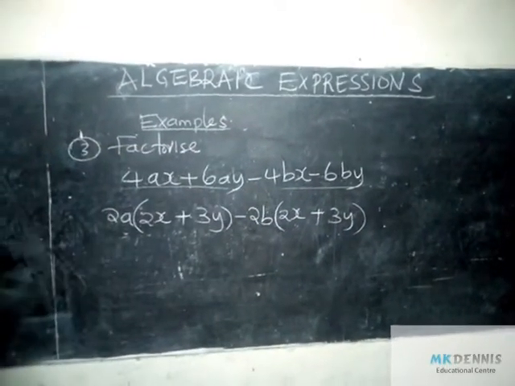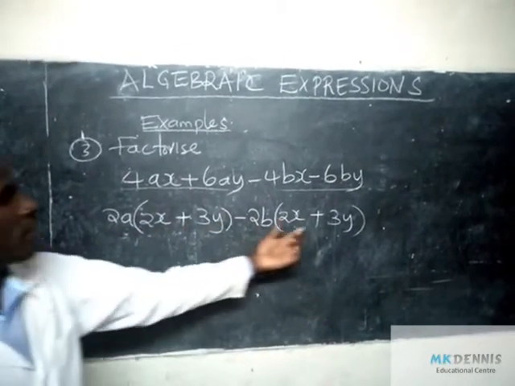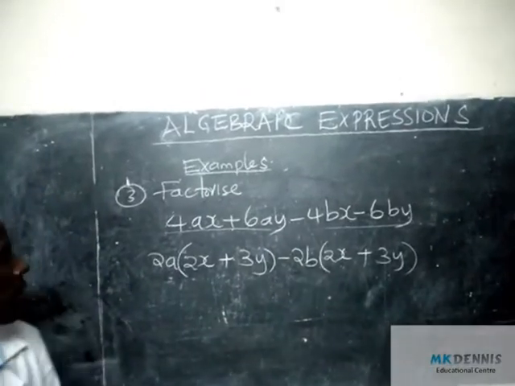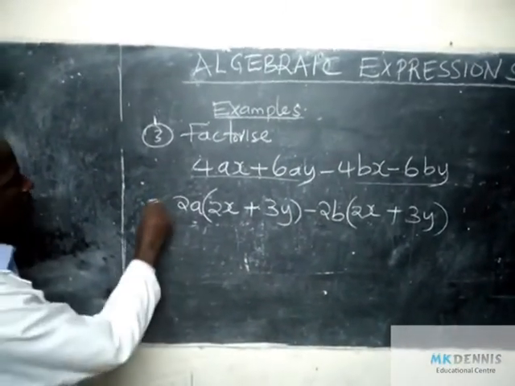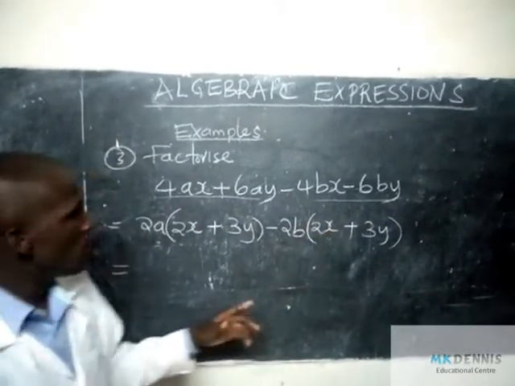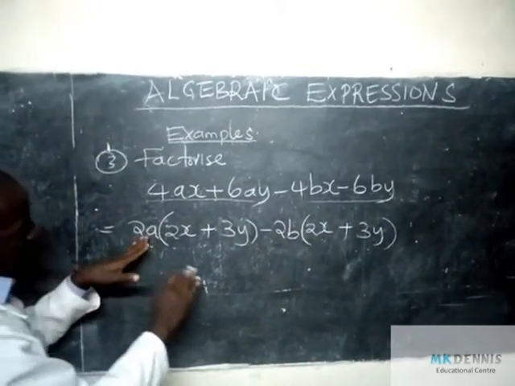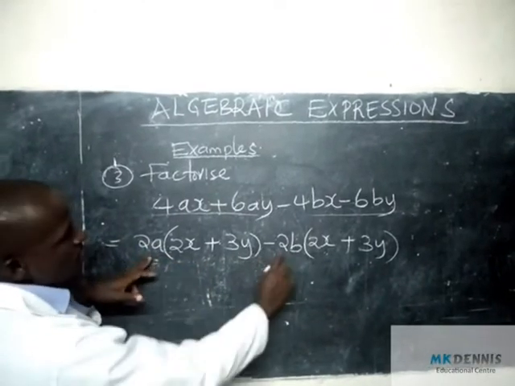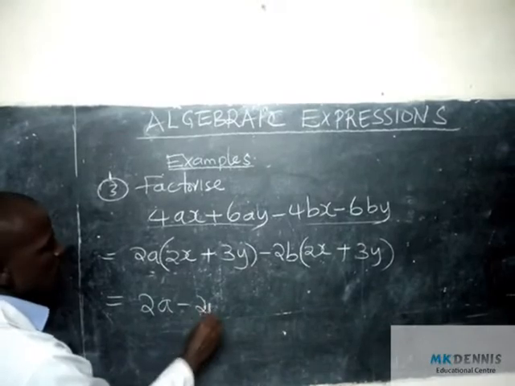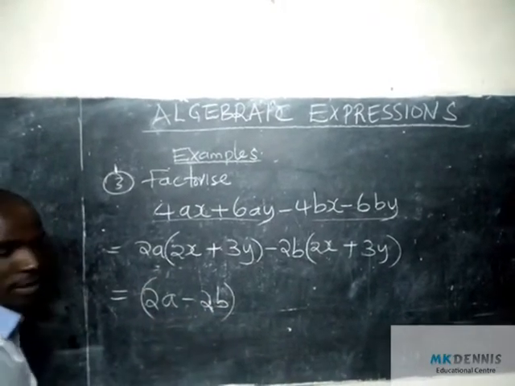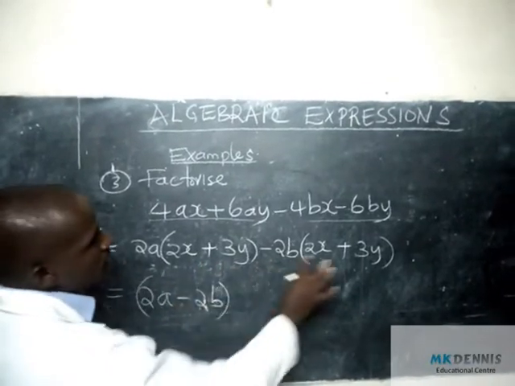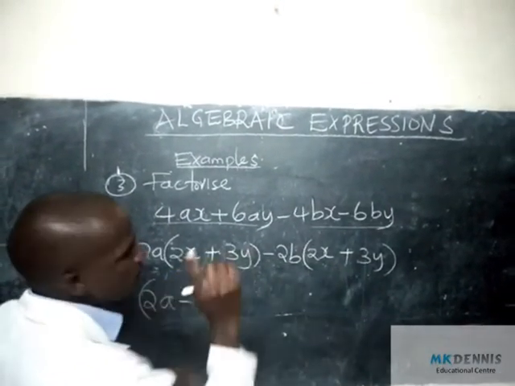Now you find that this is 2x plus 3y and this is 2x plus 3y. So this one and this one are one and the same thing. If it happens to be this way, you combine the first one and this one. You combine these two, so that will be 2a minus 2b. And because these are two common things, you just pick one.